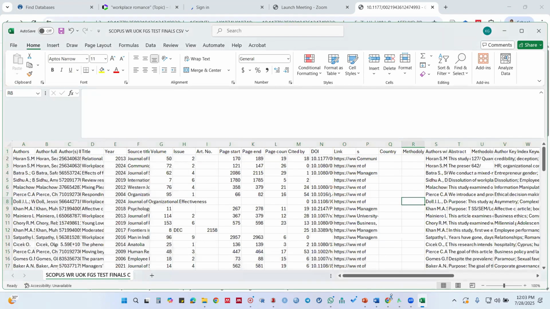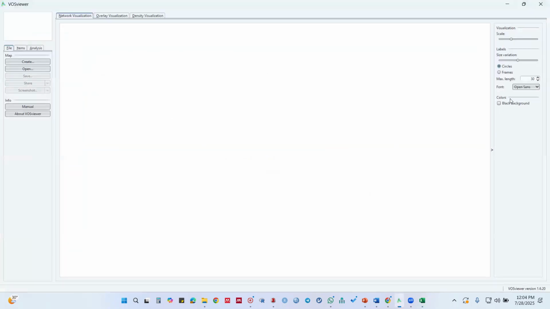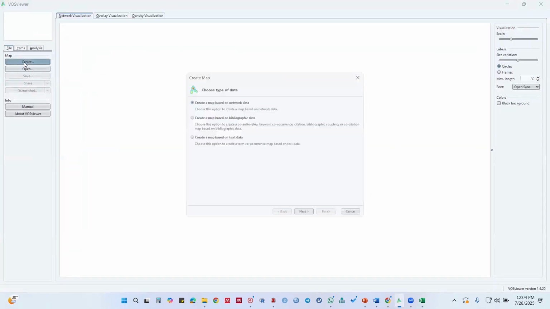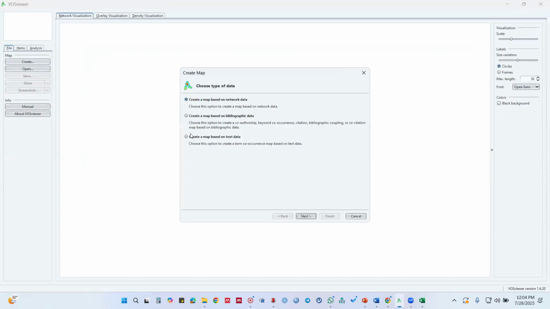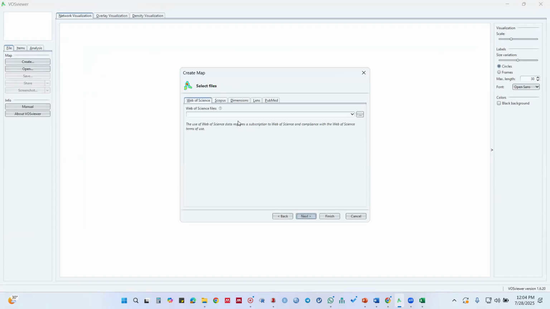Right. So I will show you how to do a gap analysis, for example, basically. I'm using a software tool like this, and I insert this downloaded file into this particular software.